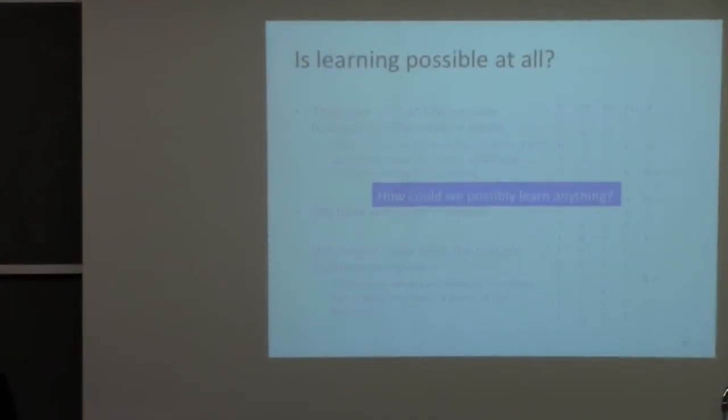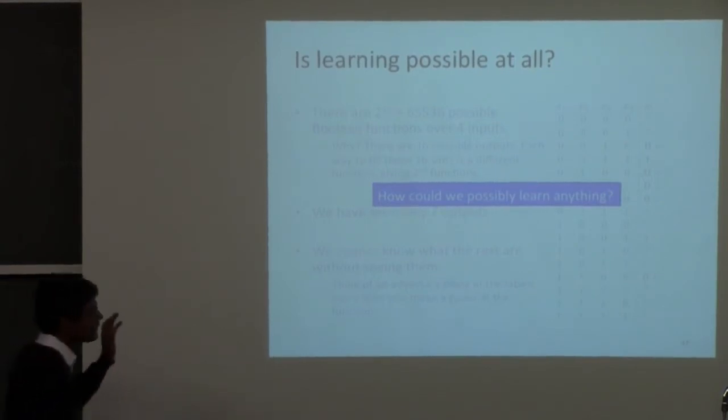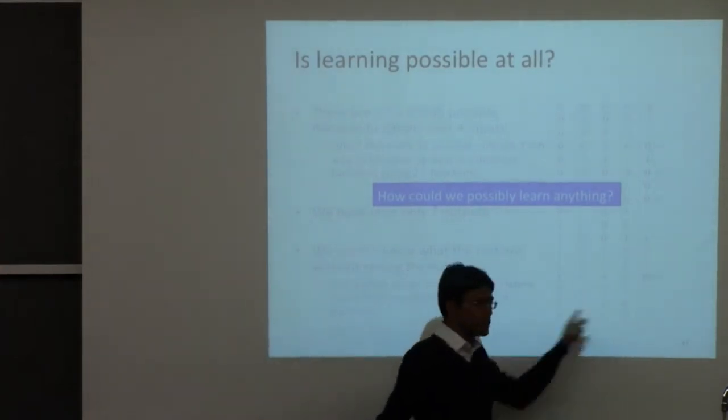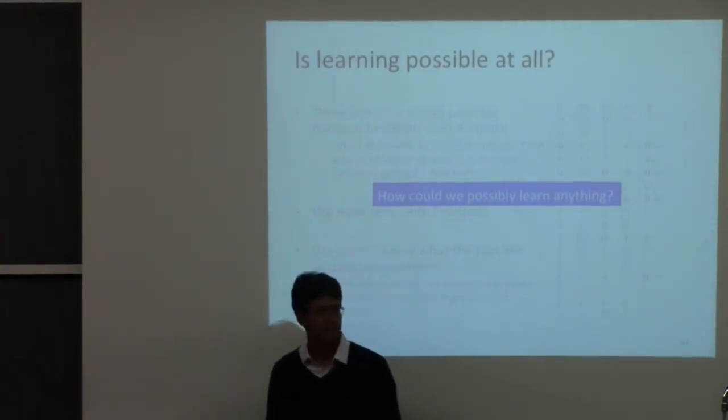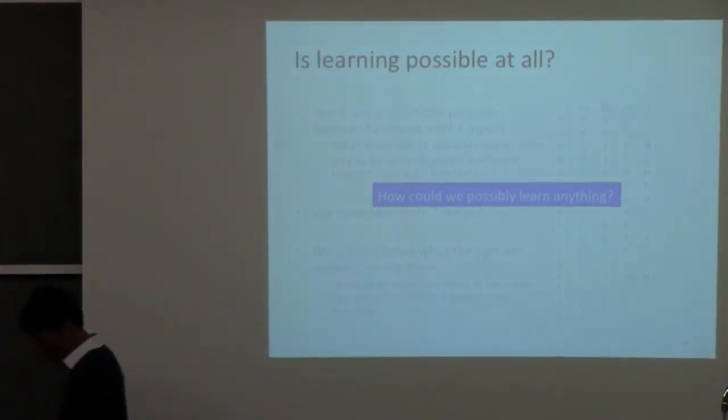Let me ask you another question. I see many hands up, but let me ask you another question. With 4 bits, there are 2 power 16 possible functions. In many tasks, like natural language processing, the feature vector is roughly 1,000,000 dimensions.